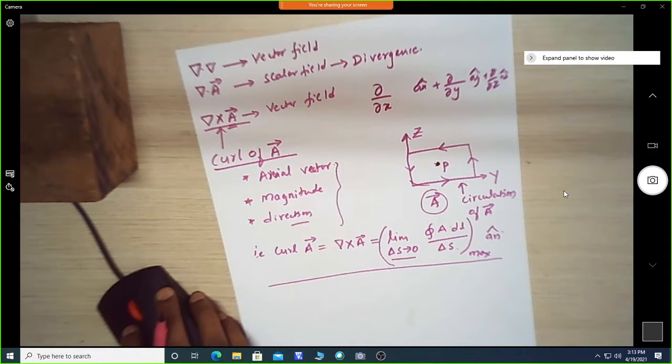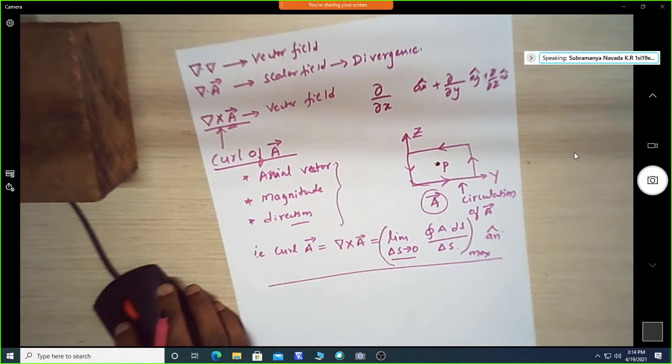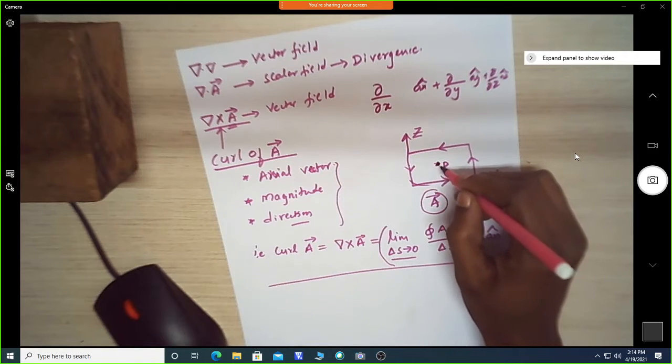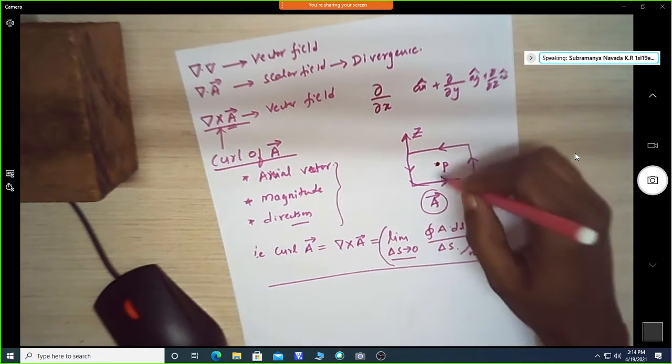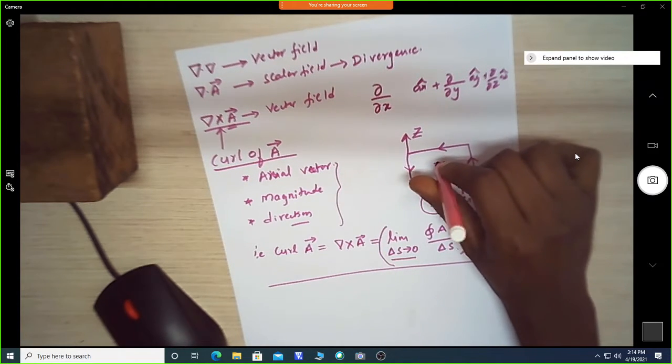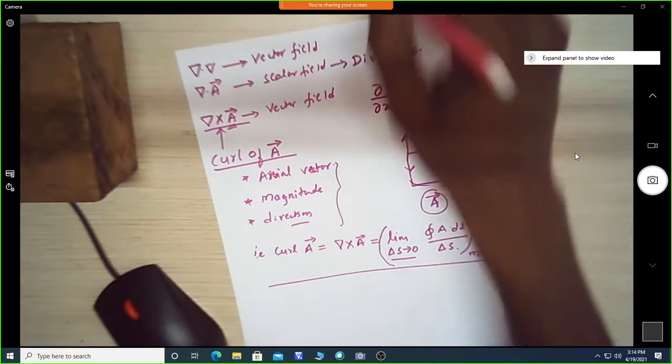Hello? Namita, understood? Hello? Subramanya? There is a normal condition. How can we define that? The unit vector normal is always perpendicular to this, coming out of the page or going into the page.